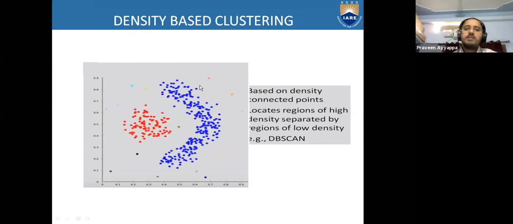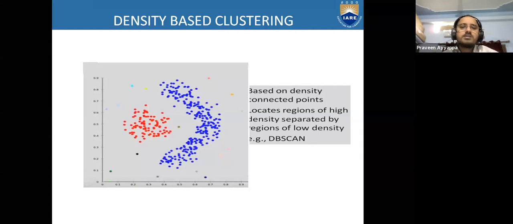Just for an example, if you take the density of the population existing in the heart of the city compared to the density of the population existing in the external part of the city, certainly we will come across a large number of people living in the central part of the city compared to the exterior part of the city.